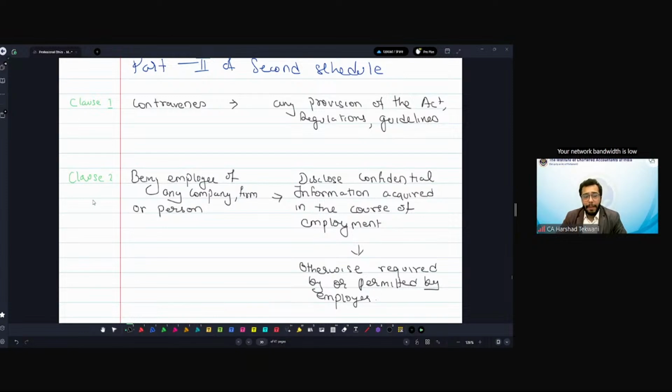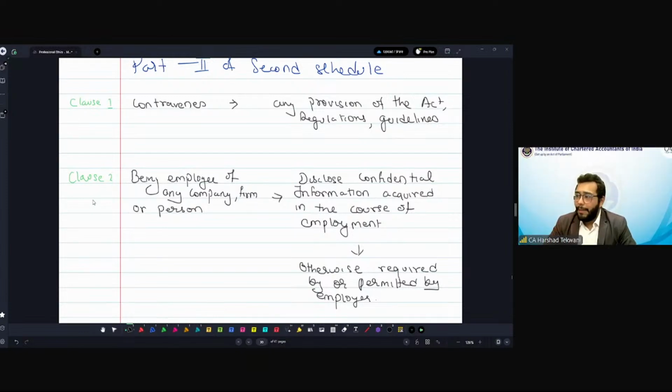Now you might ask, this is applicable only to an employee in service, then how is it applicable to members in general? You will say this is applicable to a member in service, not a member in general. Understand one thing: when I say being an employee of any company, firm or person, let's say a CA in practice who is in employment with a CA firm, I can still be in practice and in employment of a CA firm, and I will be deemed to be in practice.